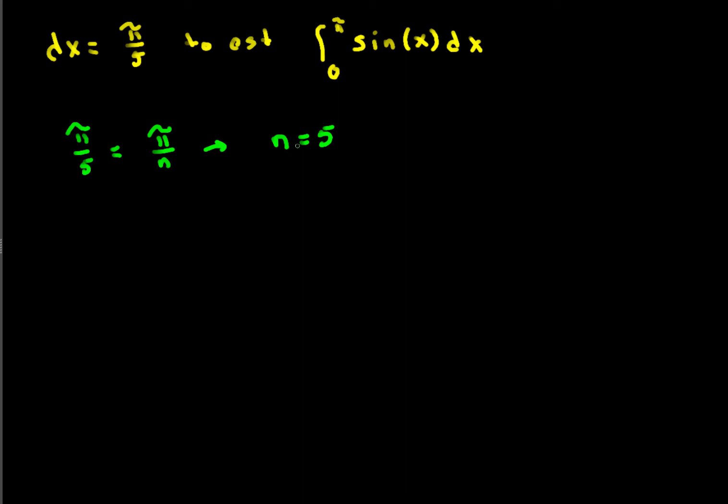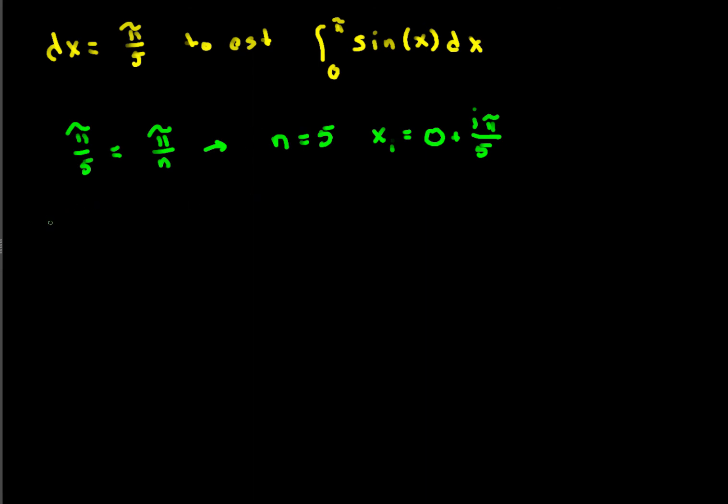So we're just using 5 steps, and our x sub i's will be 0 plus i times dx, which is i pi over 5. And so now we can calculate this out.